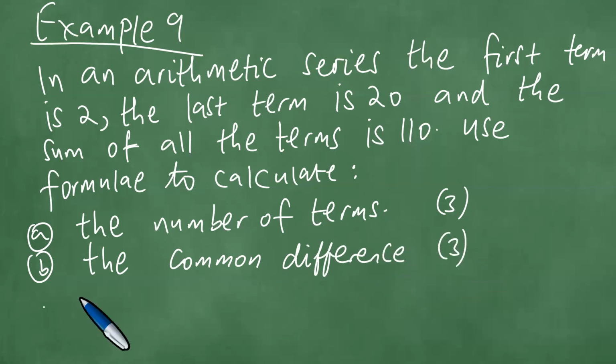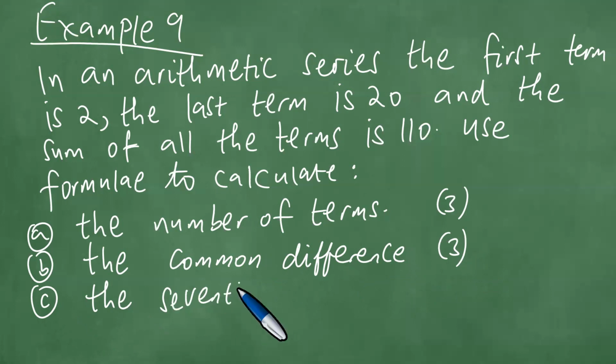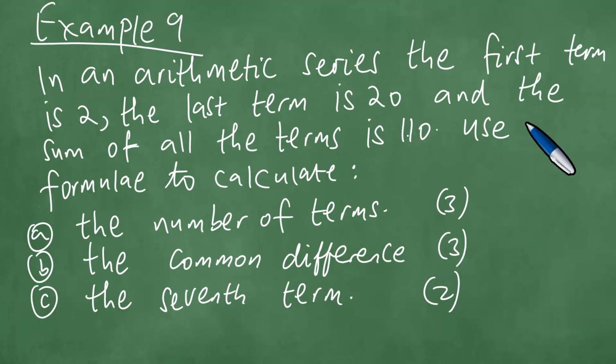Okay, so in an arithmetic series, the first term is 2 and the last term is 20, and the sum of all the terms is 110. Use formulae to calculate the number of terms, the common difference, the seventh term.